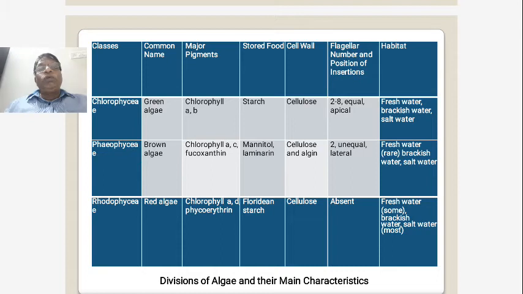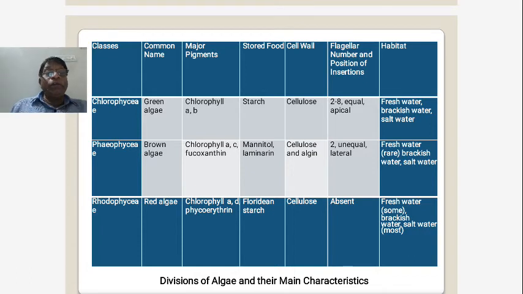During asexual reproduction, the members of algae produce zoospores. These zoospores show flagella. These flagella are found at the tip, that is apical in nature.